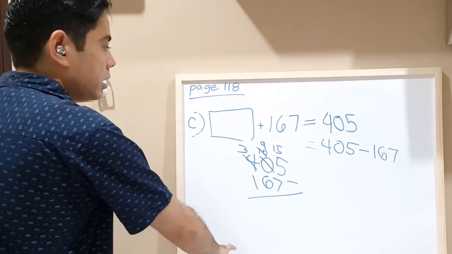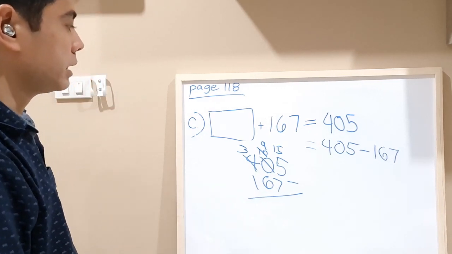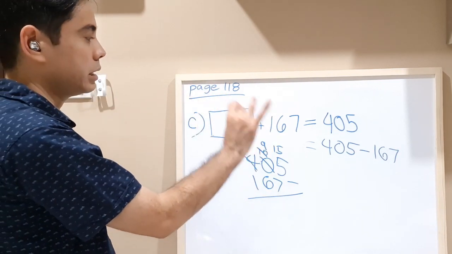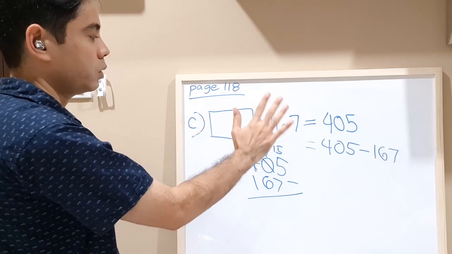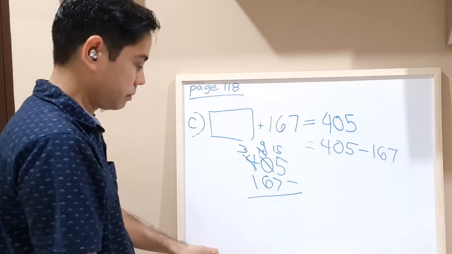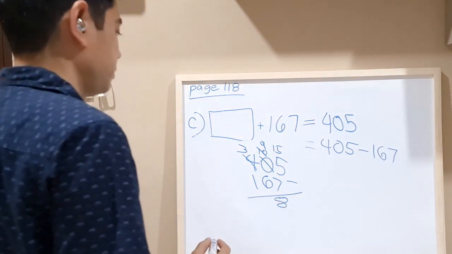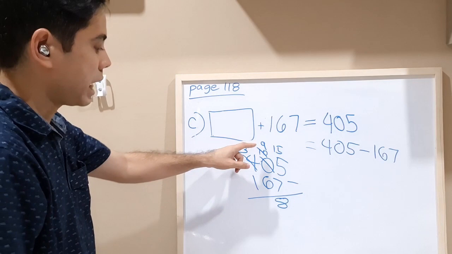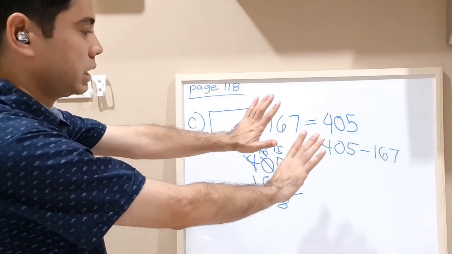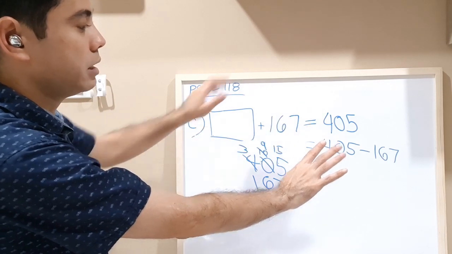So we can now subtract. 7 in your mind. 7, 8, 9, 10, 11, 12, 13, 14, 15. 8. So we can write here 8. Now 9, take away 6. 5, 6.